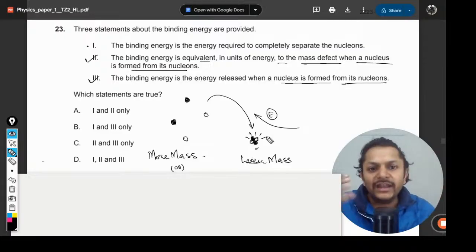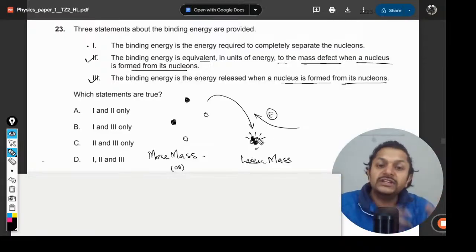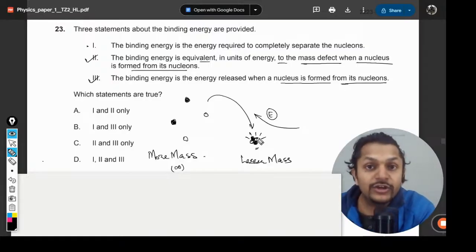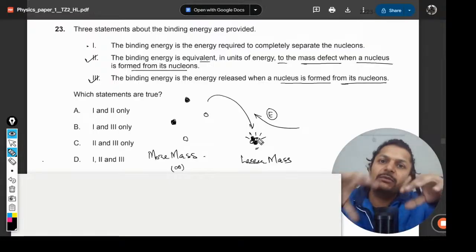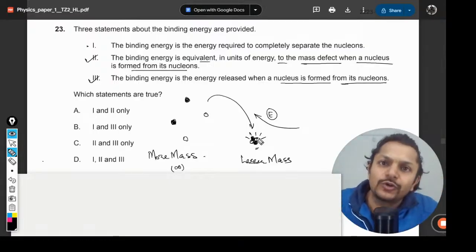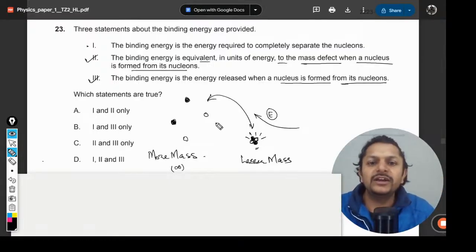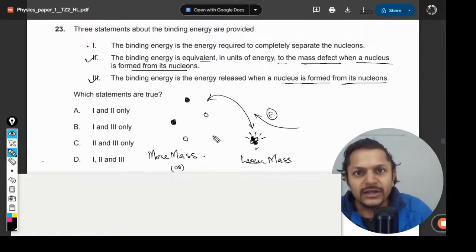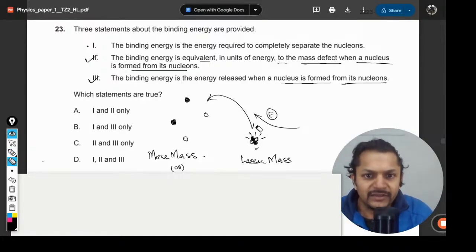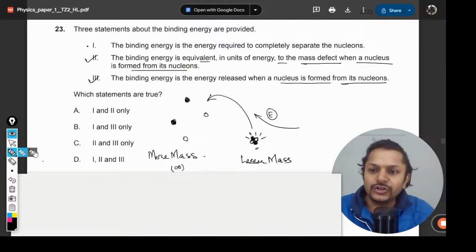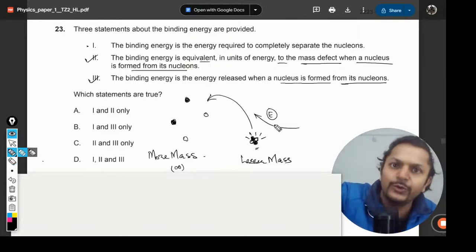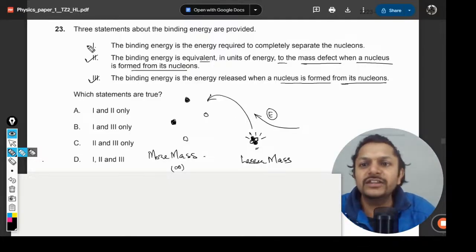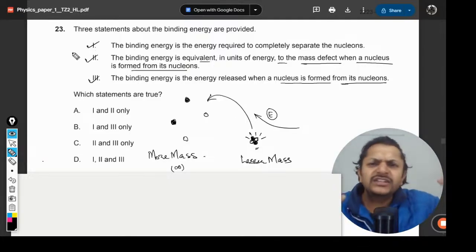The mass was converted into energy, so this energy is now again going to create mass for all of the nucleons, and the same amount of mass will be given back to them, and they would be returned back into the different particles. Is it clear? So this nucleus is now broken down, so energy has to be given to it. So even point number 1 is correct. It is just the reverse of that.